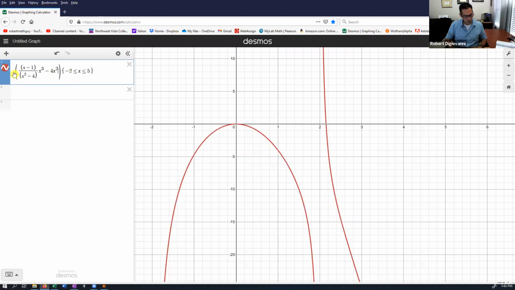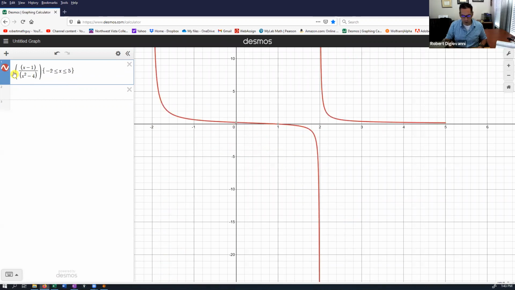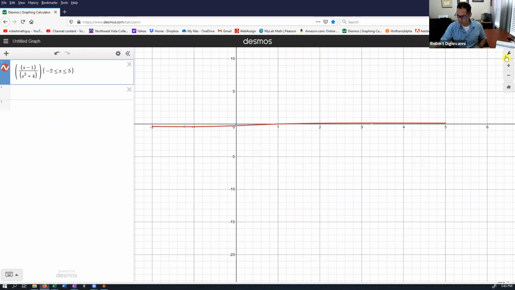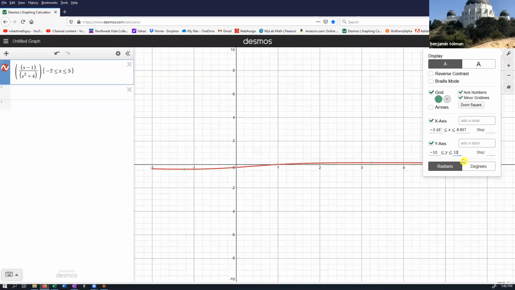Let me get all this out of here. I forgot to take that all out of there. And let me see. I might want to change this. Doesn't that mean you have to have a hole where 2 is?